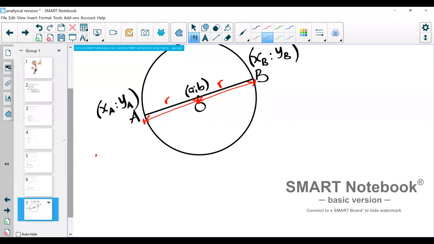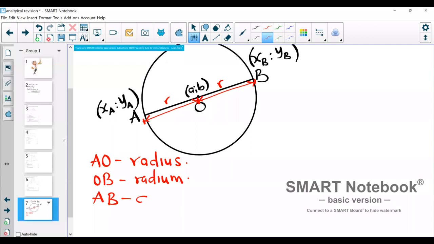So let's start by saying AO is radius. OB is also radius, and they are equal. However, AB will be a diameter, and a diameter is 2 times my radius.